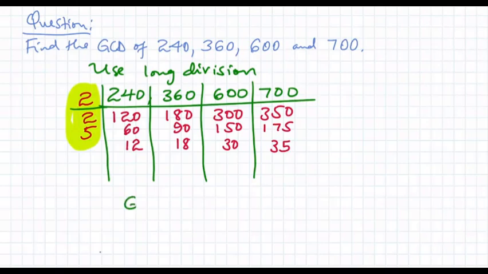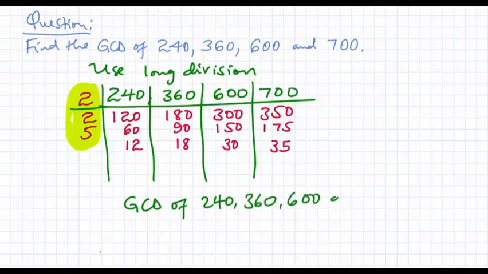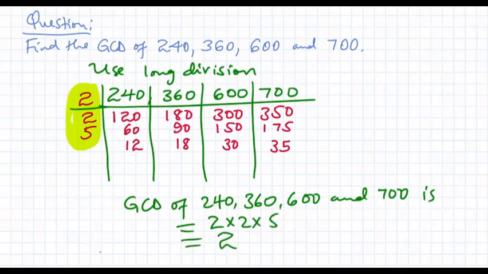So the GCD of 240, 360, 600 and 700 is 2 times 2 times 5, which I get as 20.